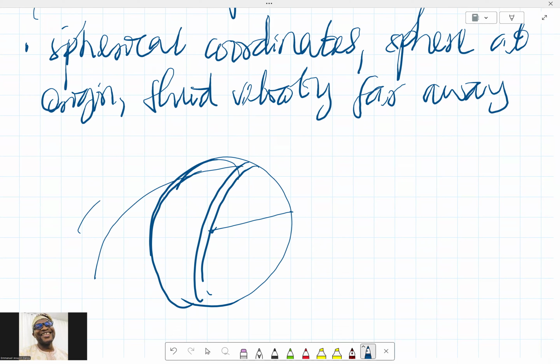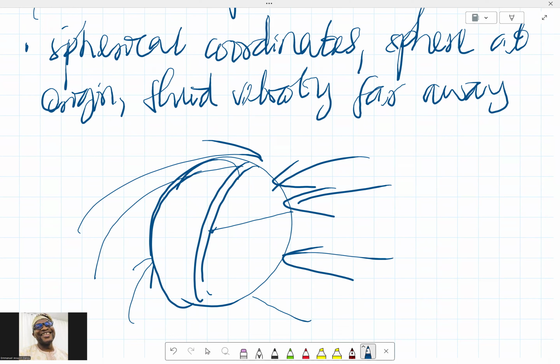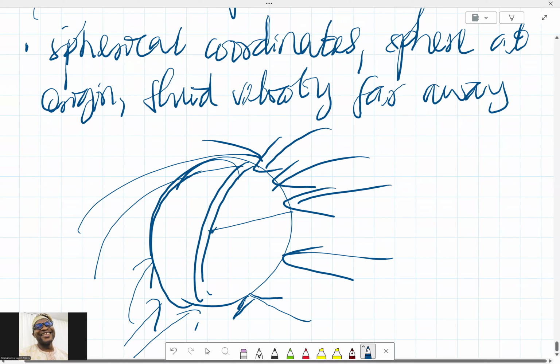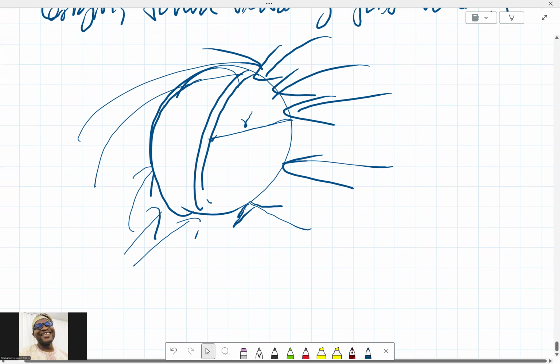So you have fluid flowing and all that. I'm sure I'm not doing a very good job with this, because the question is talking about the force on a sphere. They find a drag force on a sphere of radius a moving at constant velocity through a viscous fluid. So you have the fluid flowing all around it. So of course we have this kind of radius.